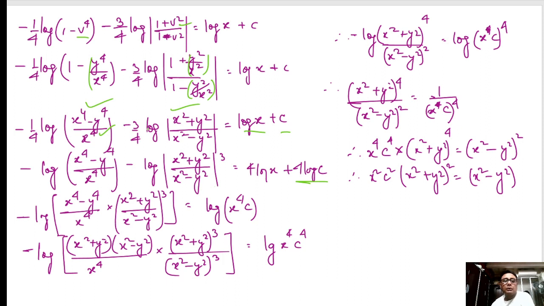Okay, so this power of 3 goes up. So now it becomes minus common, it becomes log a plus log b, which is log a into b, equal to, again this 4 will go up as a power. So log x to the power 4 plus log c to the power 4. So it becomes this, log cuts on both sides.